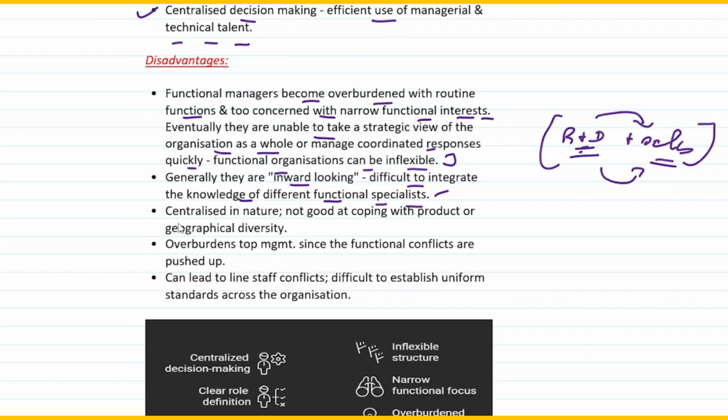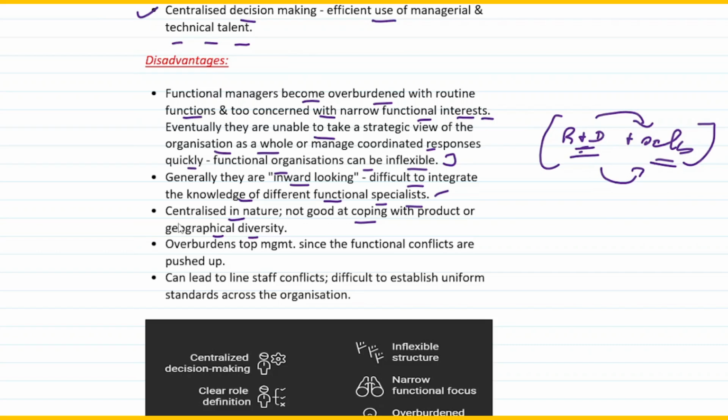Then it is centralized in nature, which is an advantage also, because it enables centralized decision making. But because it is centralized in nature, it is not good at coping with product or geographical diversity. Because it becomes all the more concentrated, you are not able to get into a lot of diverse product or geographical expansion.